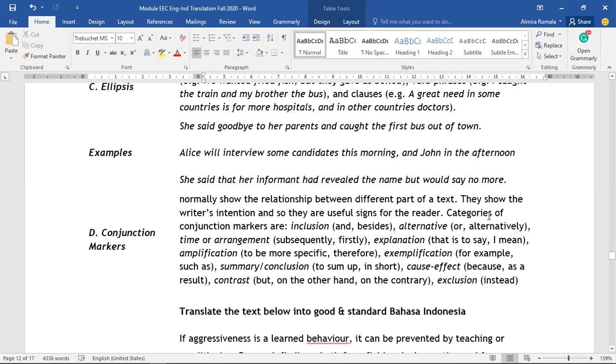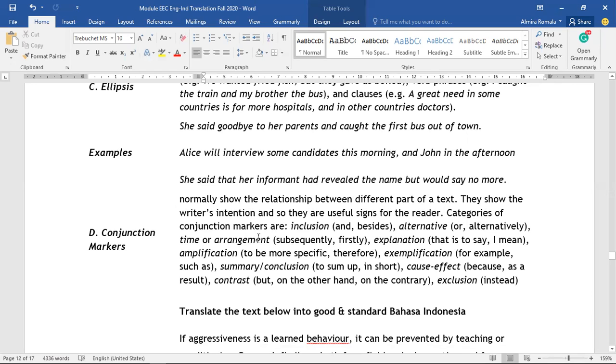And there are some categories of conjunction markers like inclusion and besides, so there is another thing or another concept that also falls under the same classification, or alternative, like the word or, alternatively, time or arrangement.